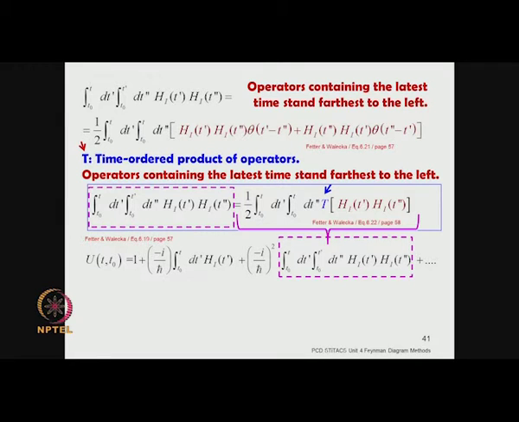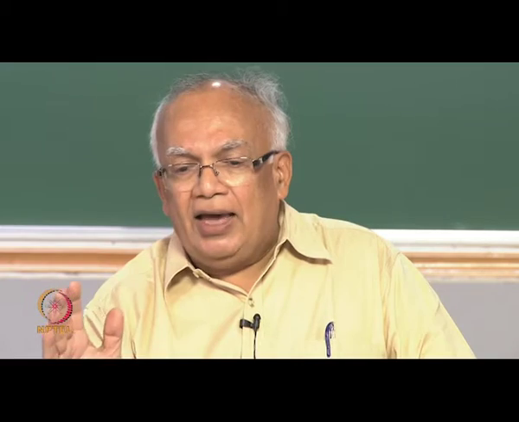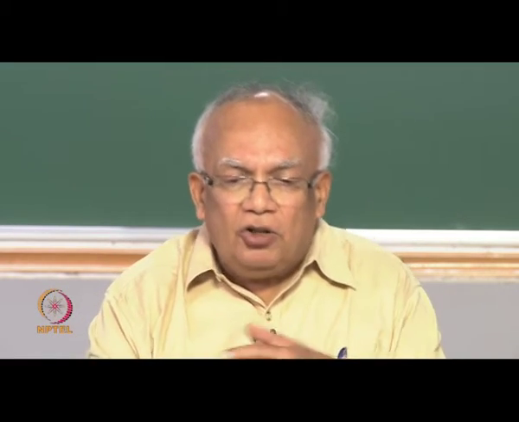So, I introduce the Heaviside step function as an auxiliary step. We do not really need it. What we need is the time ordering of these correlation operators. That must be preserved, and the Dyson chronological operator guarantees that it will be done.